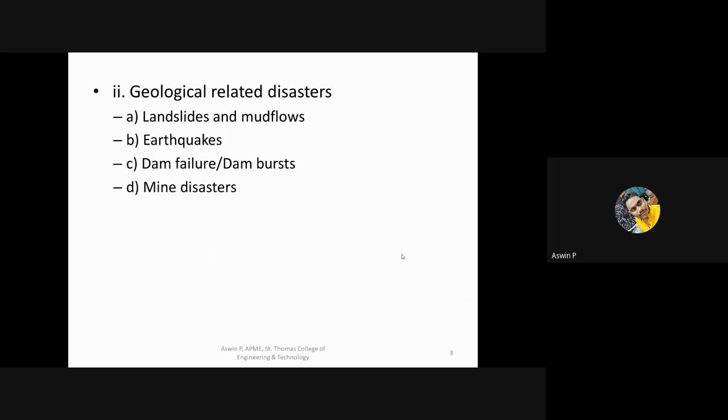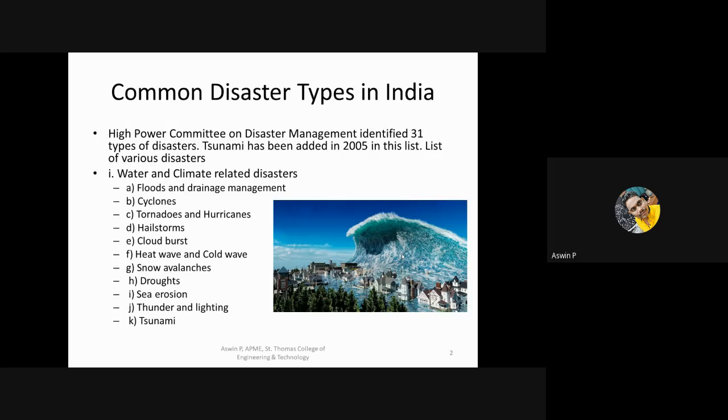After explaining all the water and climate related disasters, the next classification is geological related disasters. Before that, please write down all these water and climate related disasters.